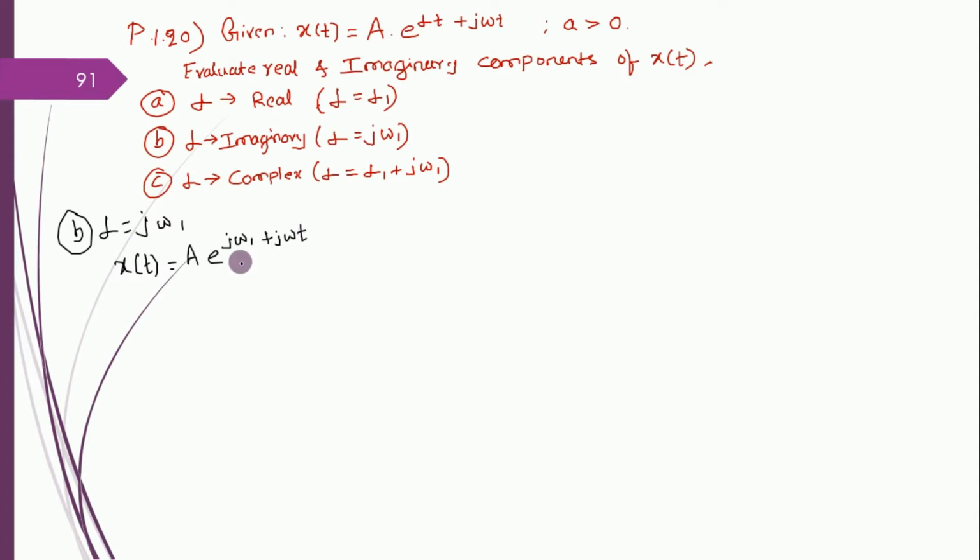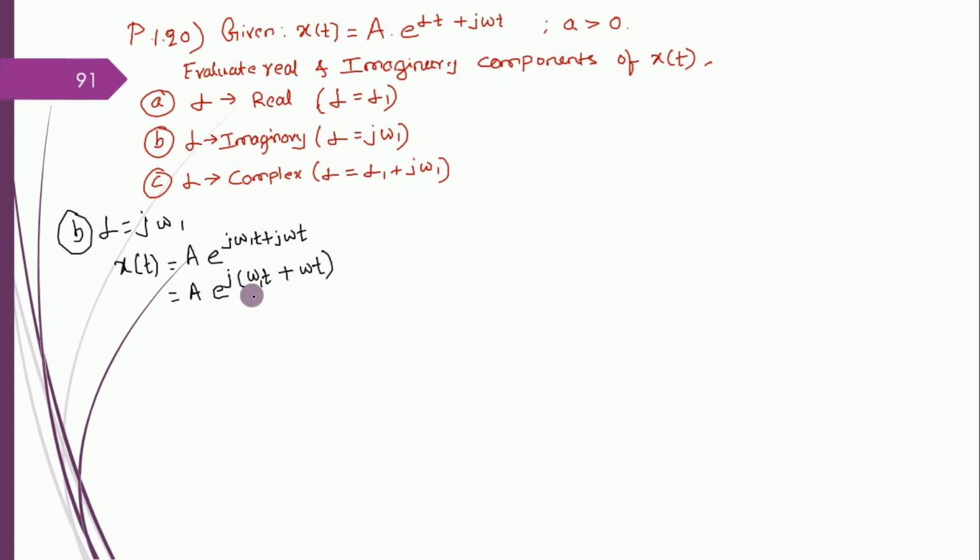So here I'll take e raised to j common. In place of alpha t, j omega 1 t I have written; the t was missing, so I'll write that t. Omega 1 t plus omega t. So this is how it happens.